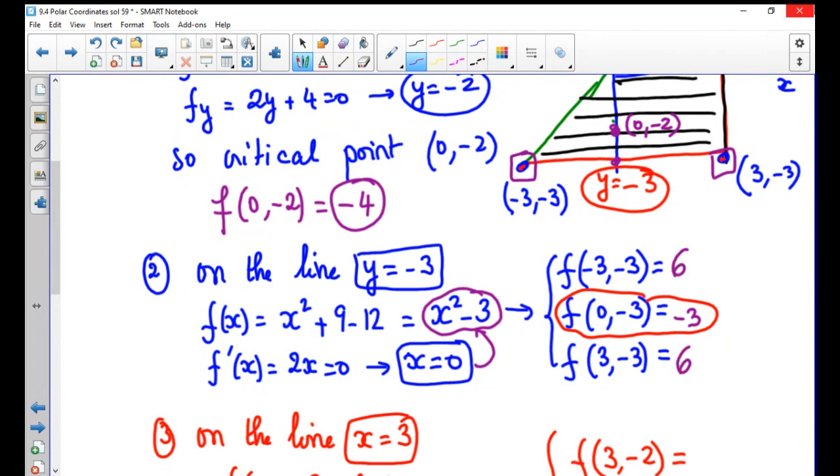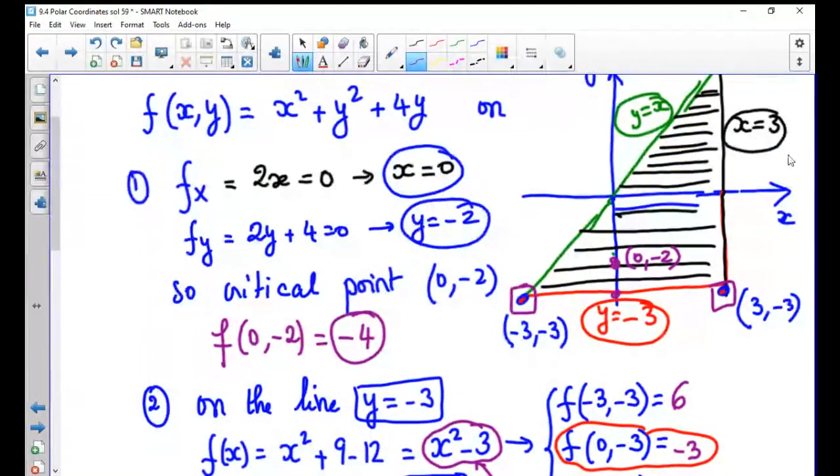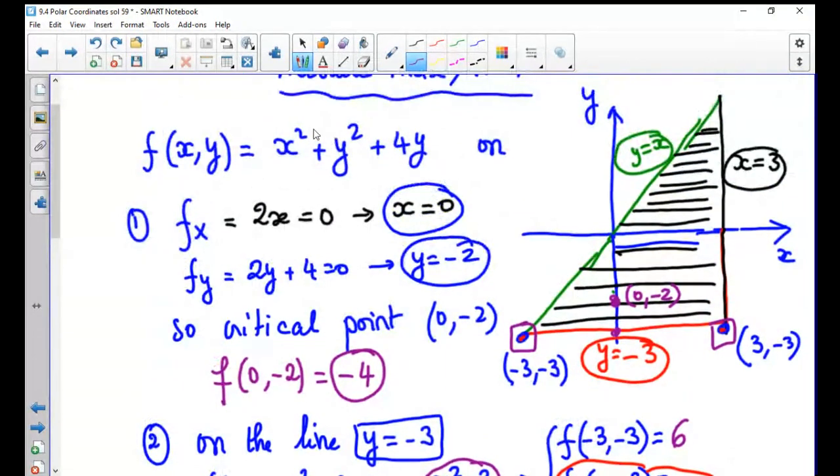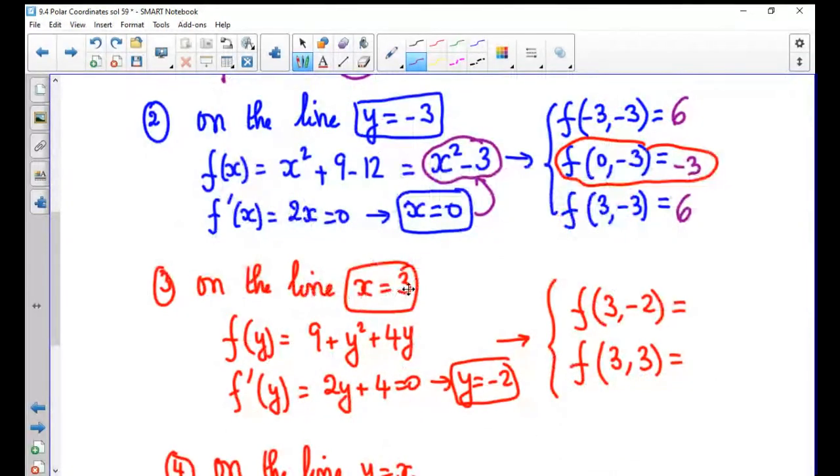Okay, great. Now you look at the line x equals 3, which is the vertical line here. So you go to the function, this x, you replace it with 3. On the line x equals 3, your function will be this. Take its derivative, 2y plus 4, make it equal to 0. So you get y equal -2.